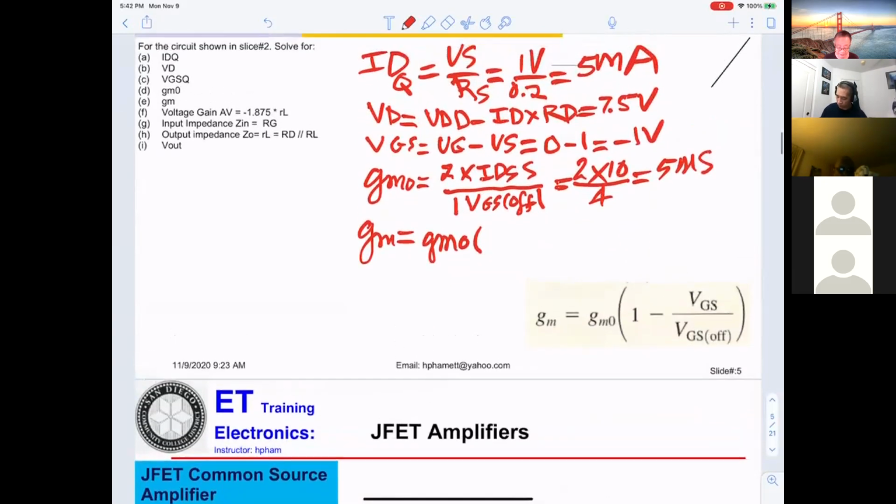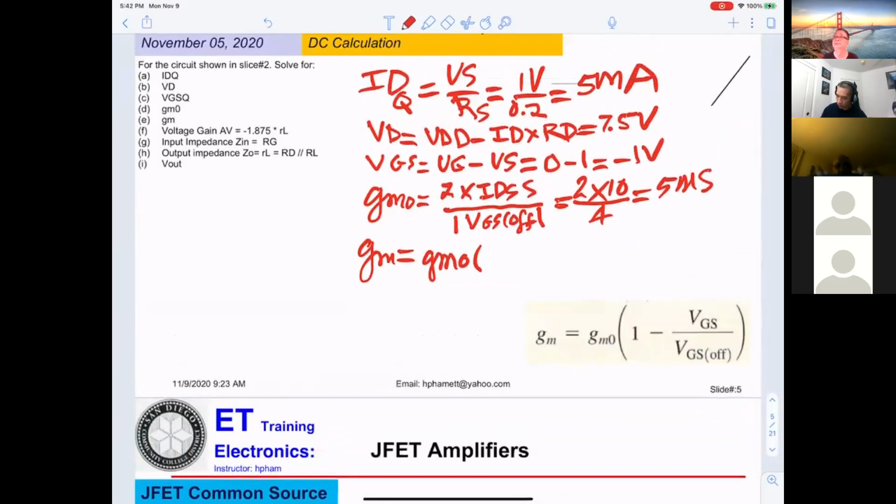Okay, basically gm0 times 1 minus VGS over VGS(off). So who got that answer? 3.75. 3.75 millisiemens.